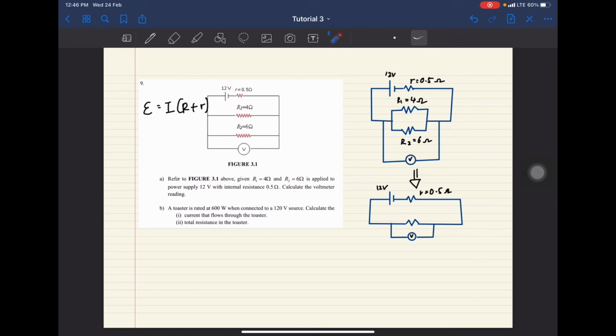So basically the reading here would read the terminal voltage. Basically if they ask you to calculate the voltmeter reading, it is actually asking you to calculate the terminal voltage. Calculate the voltmeter reading, that is the question. So you know R1 equals to 4 and R2 equals to 6. Apply to a power supply of 12 volt, internal resistance 0.5.